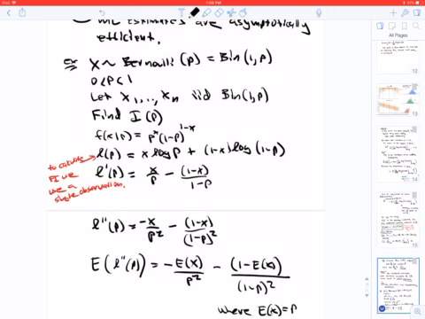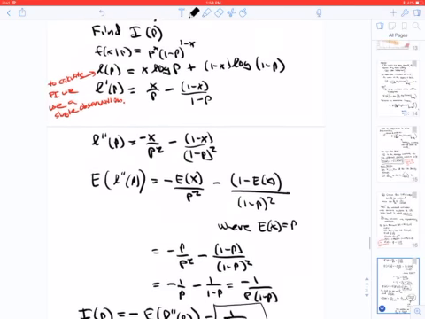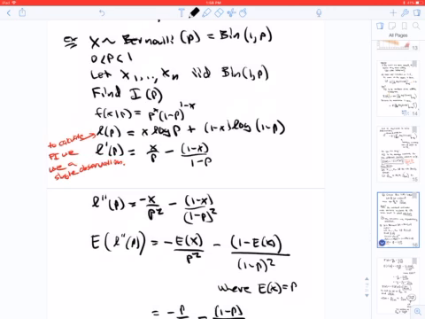Okay, so let's take a look at an example where x is Bernoulli p, in other words, binomial 1, p, and so I'm going to take a bunch of these Bernoulli p's, and I'm going to find its Fisher information. And so that involves calculating, right?